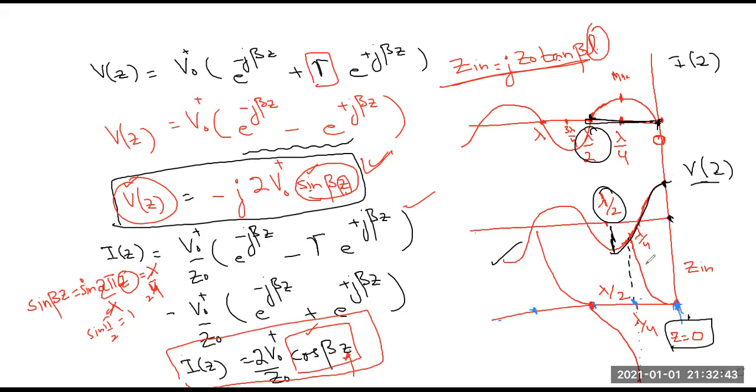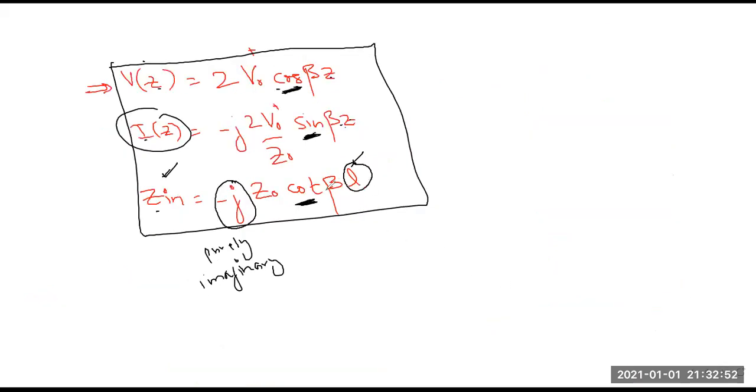Similarly, this graph, which was for Zn, now we have to change, because at z equal to 0, impedance is no longer 0, because now it is a function of cotangent. So when you put L equal to 0, cotangent 0 will become infinity. I'm just going to plot only Zn because its behavior is different.